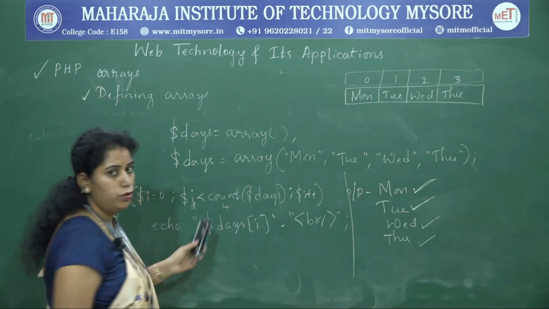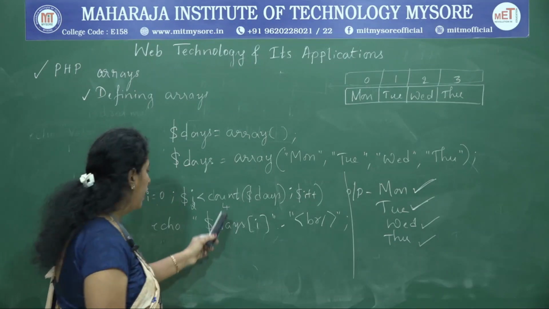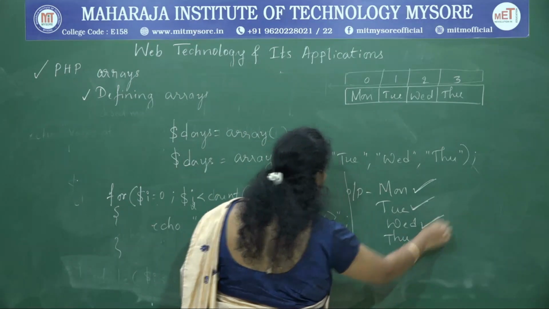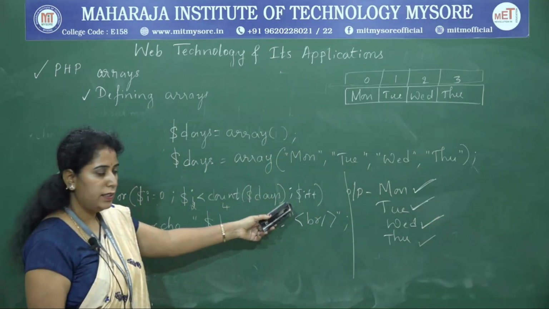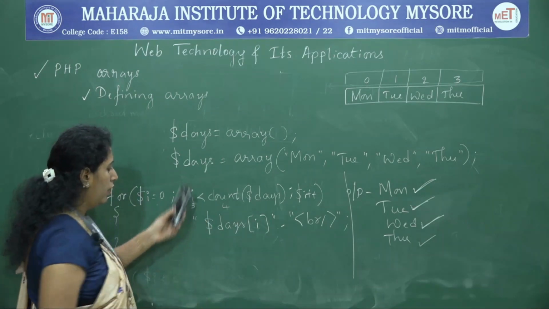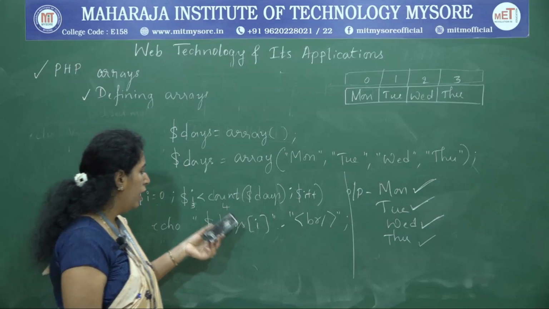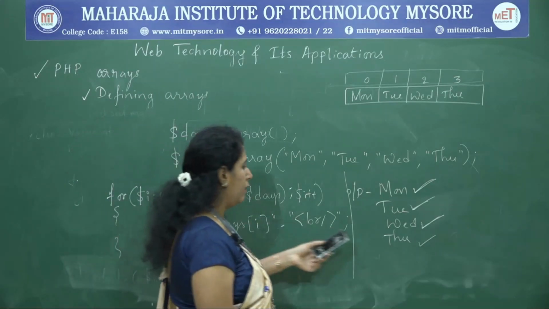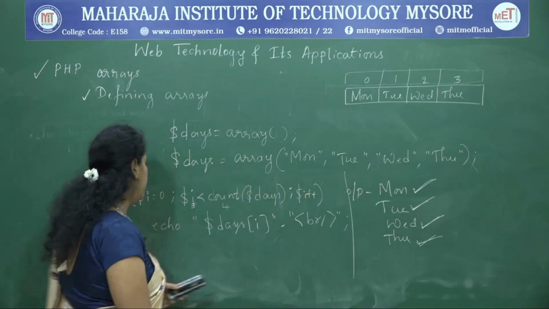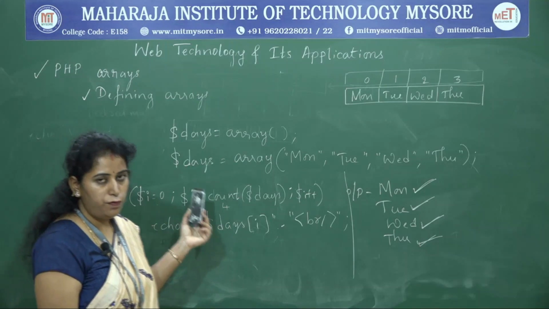it is now 2, 2 less than 4, true, it enters into the body of the loop, now it prints the second index element, that is Wednesday, got printed, then I is incremented, it is now 3, 3 less than 4, true, again it enters into the body of the loop, then it prints the third index element, that is Thursday, got printed, then I is incremented, now it is 4, so 4 less than 4, false.